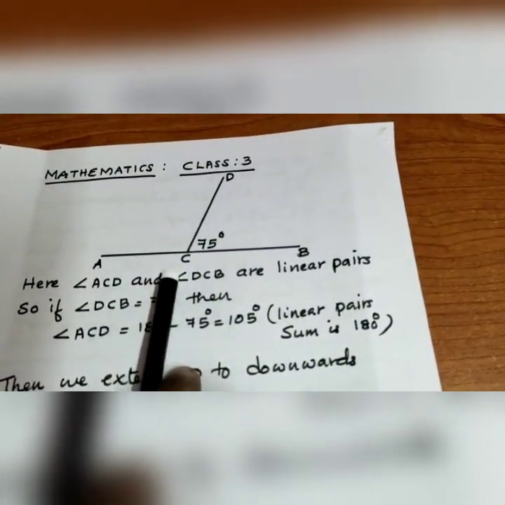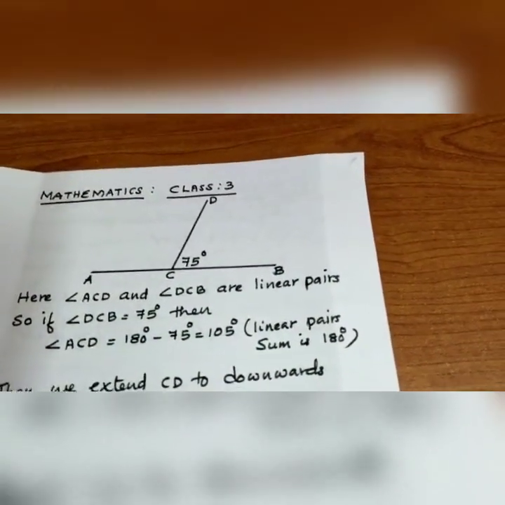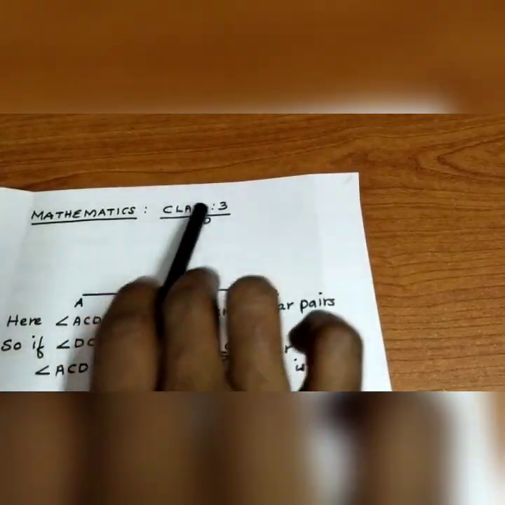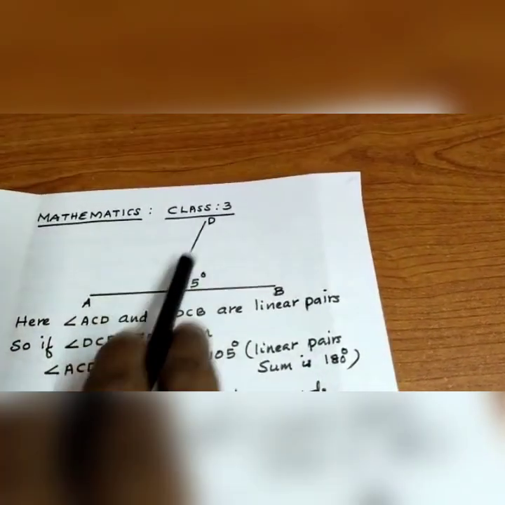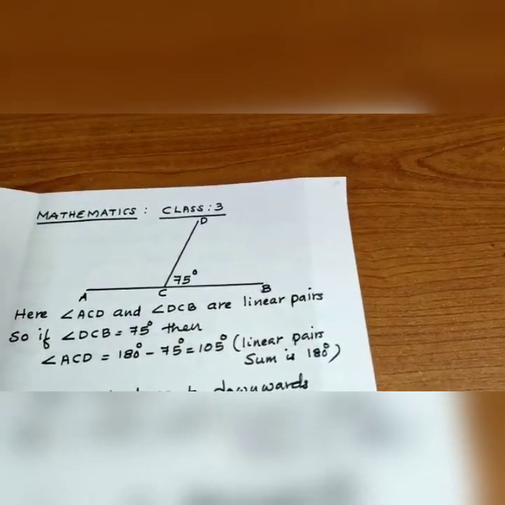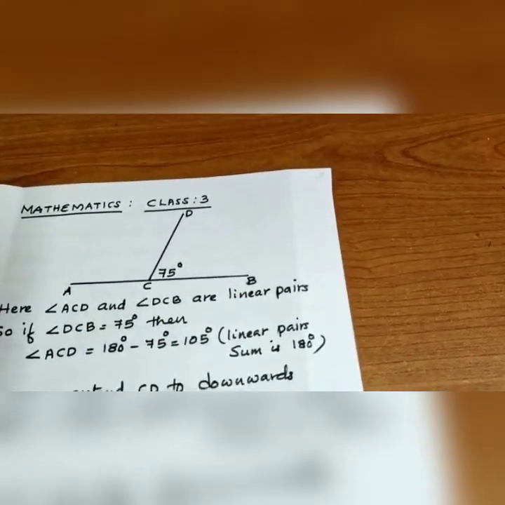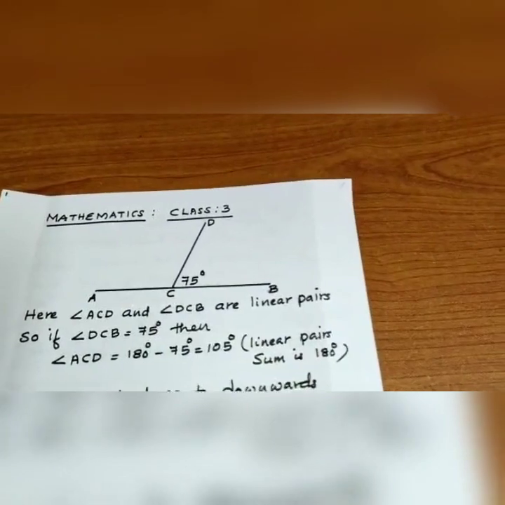Okay. Today, we are going to start with cutting across. Look here. Here you can see a linear pair. There are two angles, angle ACD and angle DCB. Here, angle ACD and angle DCB are which type of angles? Linear pairs.